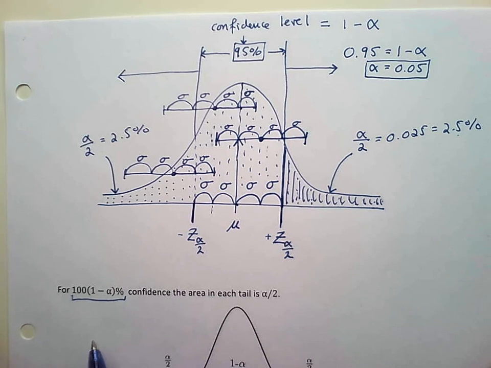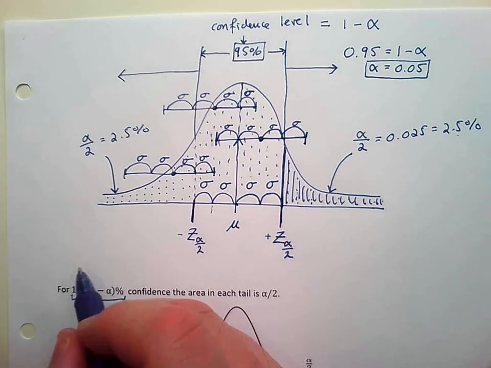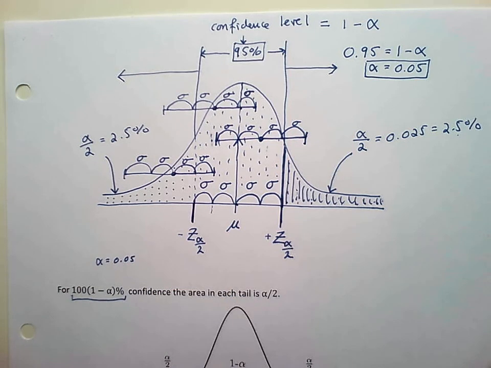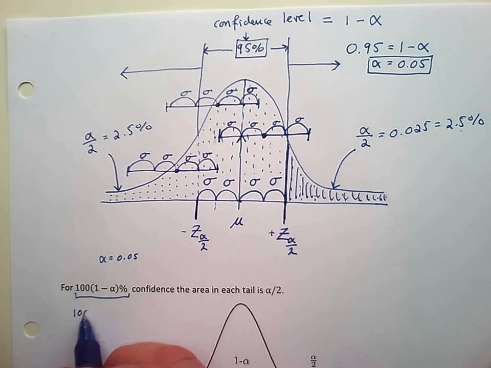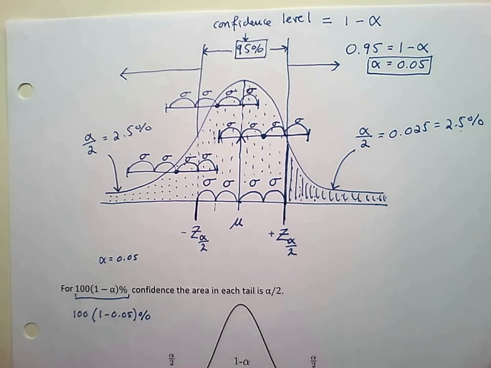Notation that you're going to see sometimes is this, 100 times 1 minus alpha percent. Another way of saying that is, if they tell you that alpha, we'll stick with the same number, is 5%, and you want to figure out your confidence level, you would plug that 0.05 into this formula.